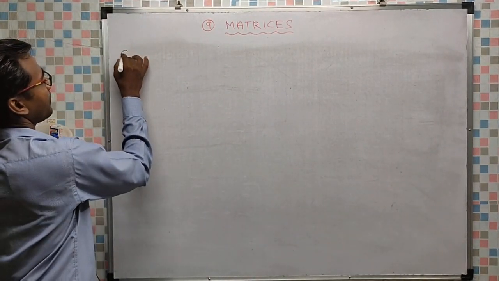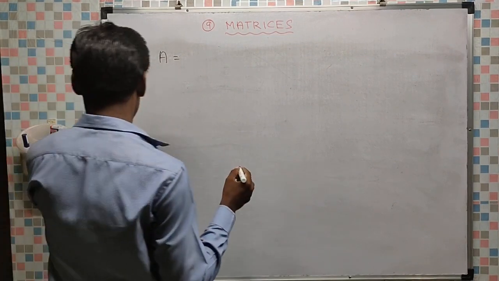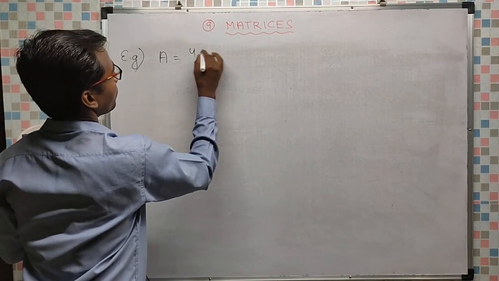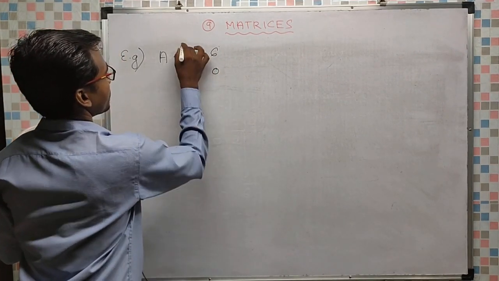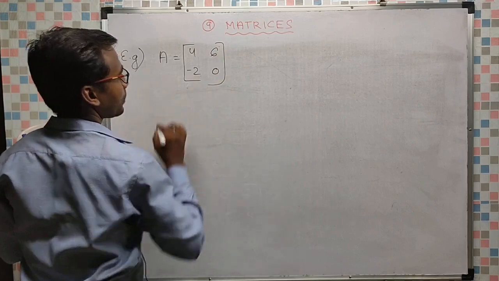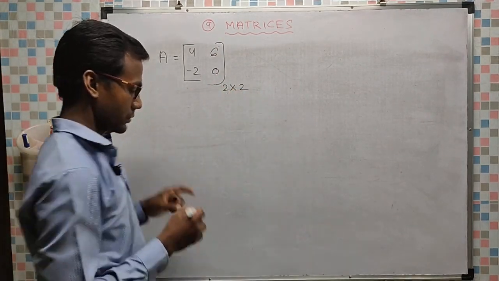Suppose we have A is equal to 4, 6, minus 2, 0. Okay. Its order is 2 by 2.